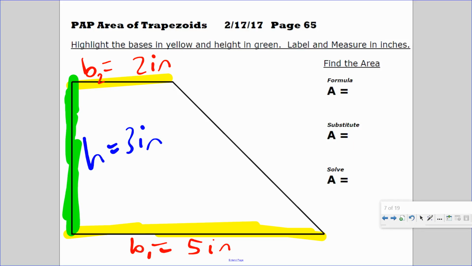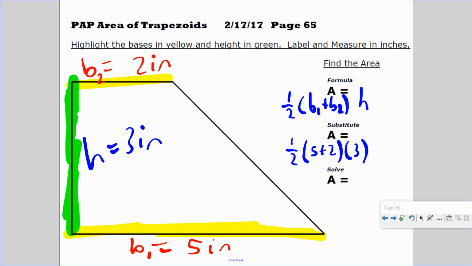So find the area. The formula for trapezoid is 1/2 base 1 plus base 2 times height. So let's substitute. The bases are 5 plus 2. So I substitute base 1 with 5. I substitute the base 2 with 2. The height is 3.